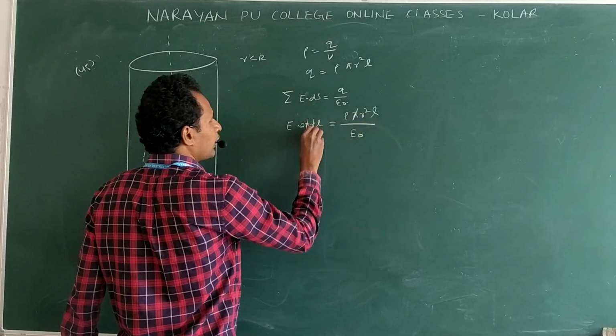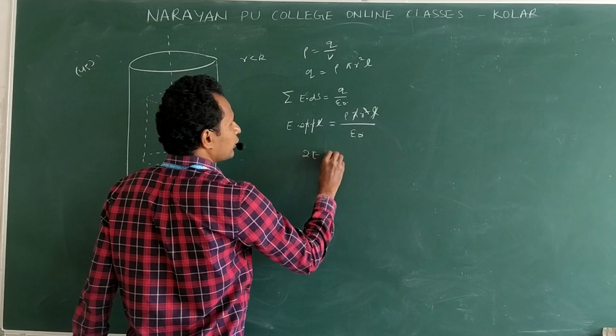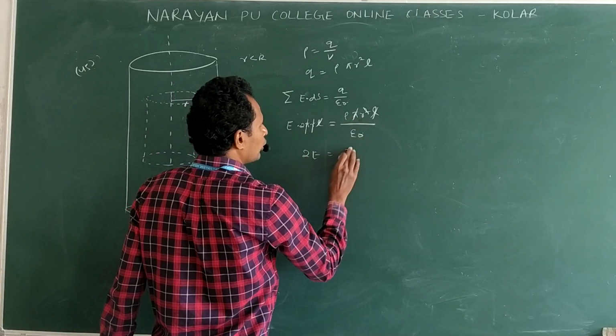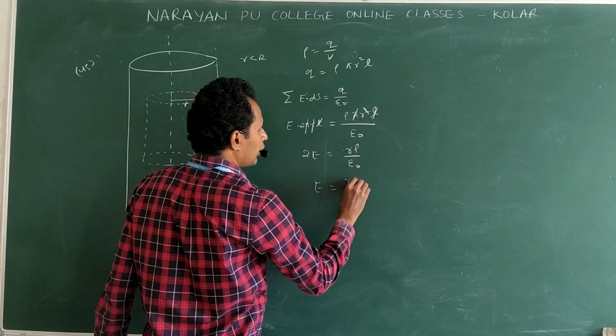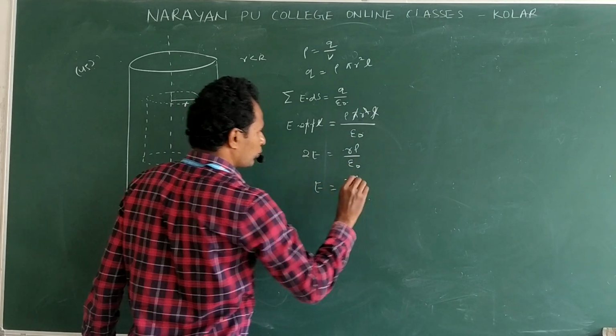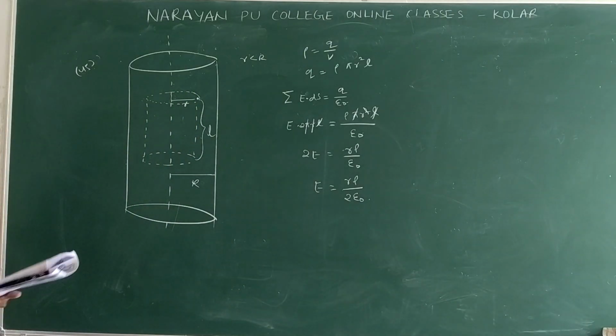Pi cancels, one r cancels, one L cancels. 2 E is equal to r rho by epsilon naught. E is equal to r rho by 2 epsilon naught. So option 2 is correct.